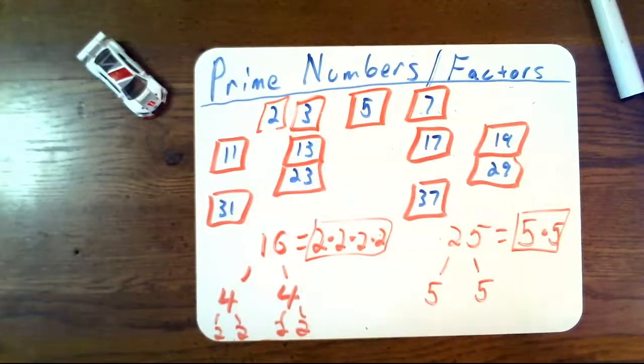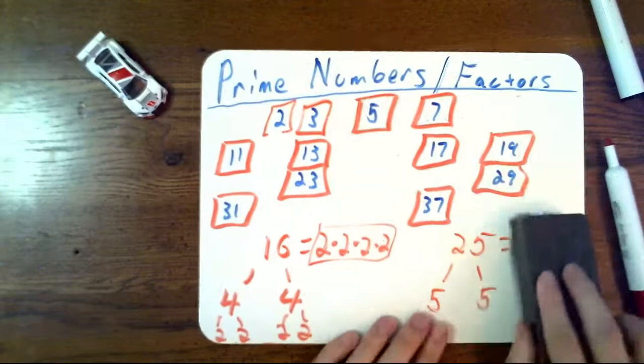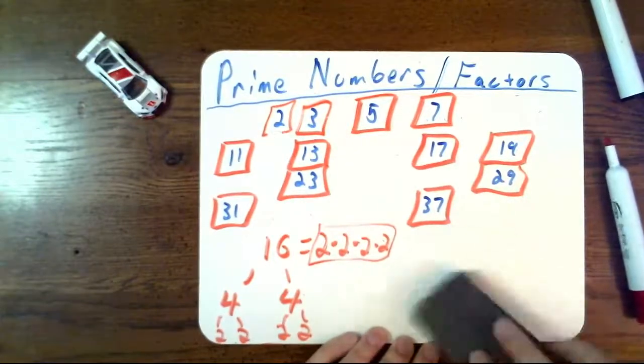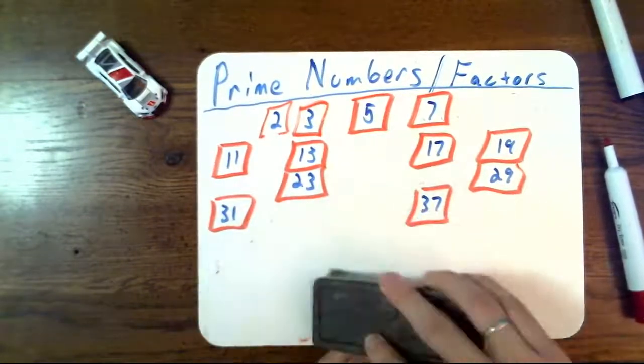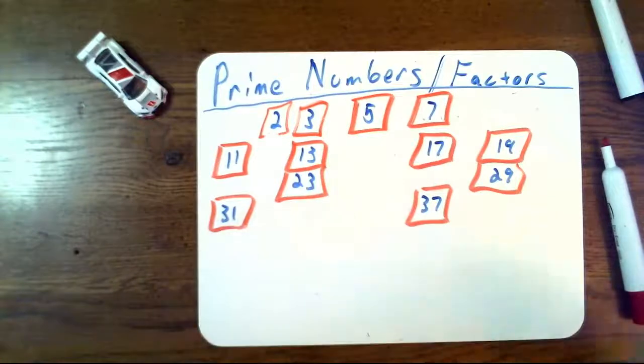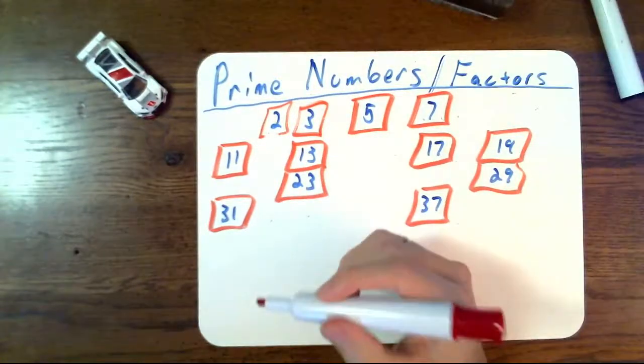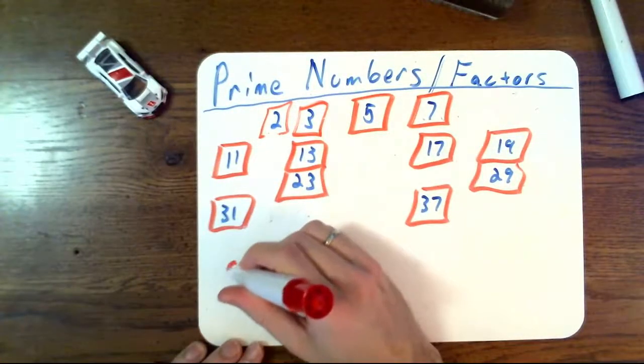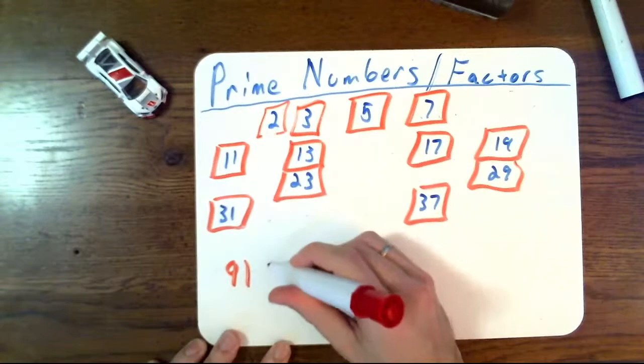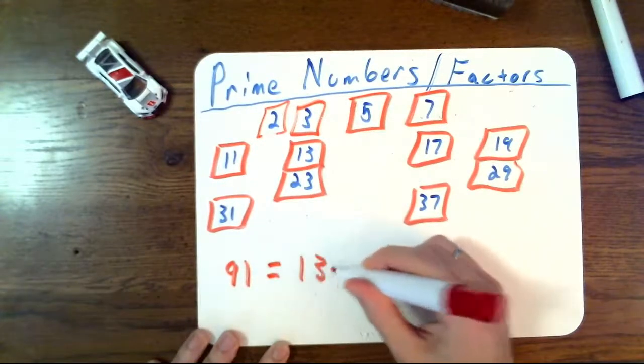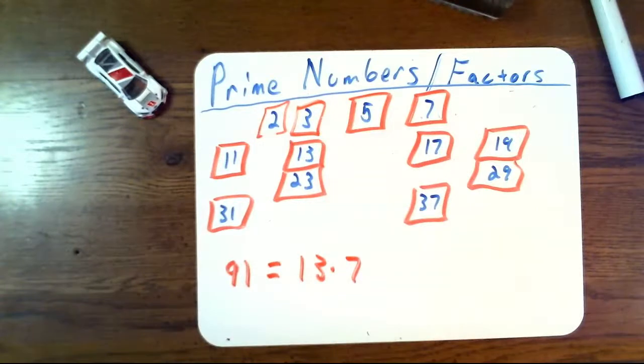There are numbers that you're not normally used to seeing that are not prime numbers. 91. 91 is actually 13 times 7, which is 2 primes. 13 is prime, 7 is prime. So just watch out for 91 if it shows up. I like throwing 91 in there now that I know 91 is also non-prime.